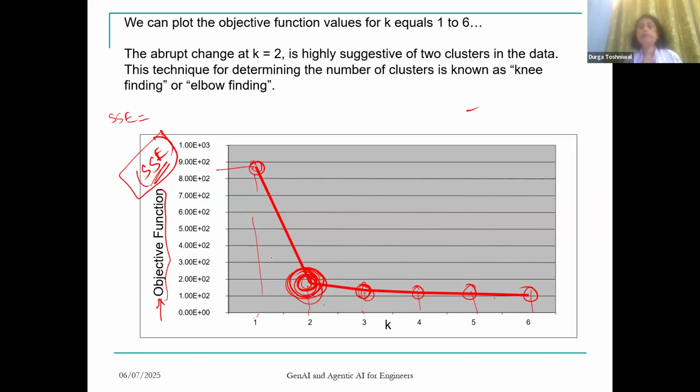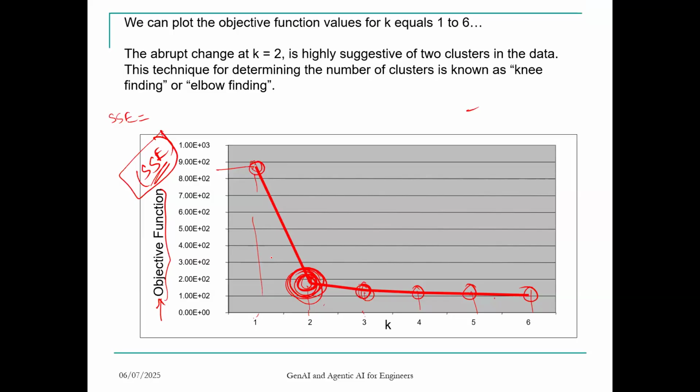There can be pre-coded functions that will decide the value of k, but usually this has to be done by code. The standard function in Python for k-means is not going to do that. It requires an input of the k value. So you'll have to do this plot, then decide the final value of k, and then give that as the final clustering value. Okay.